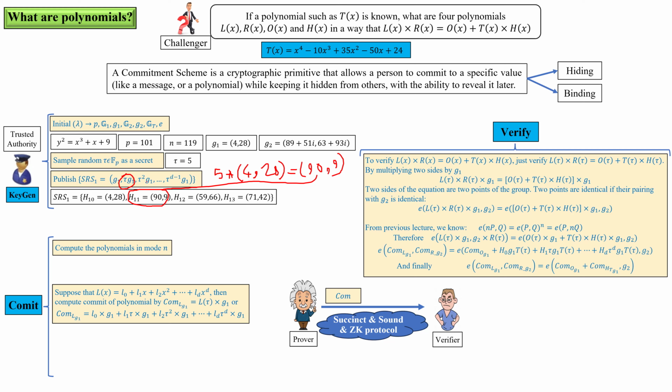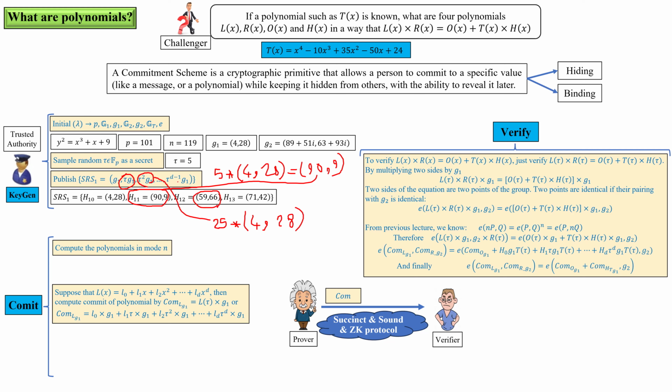The third element equals tau to the power of 2 multiplied by G1. So tau to the power of 2 equals 25 multiplied by 4 and 28. And if you use the website and compute this multiplication, you will see that the value equals 90, 59 and 666.